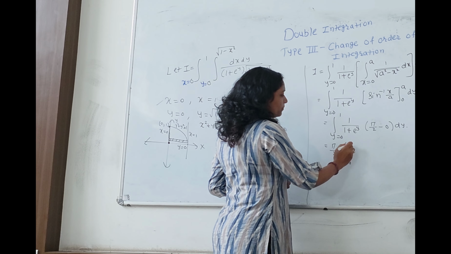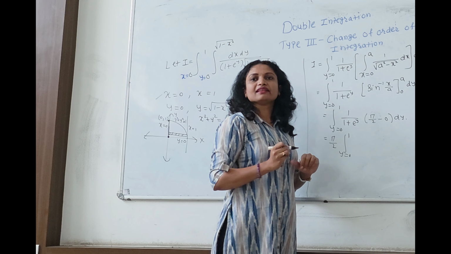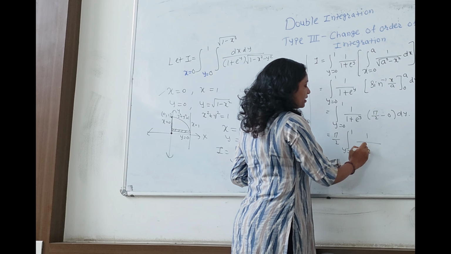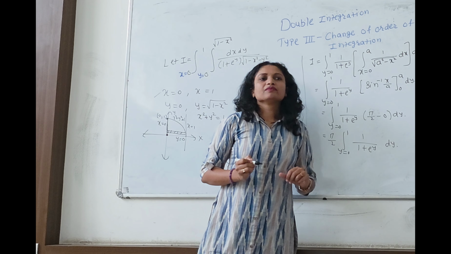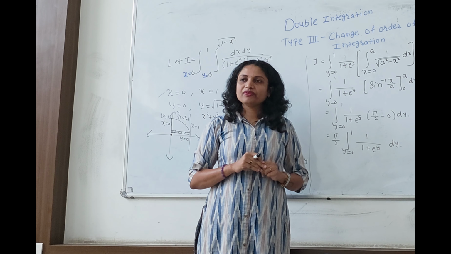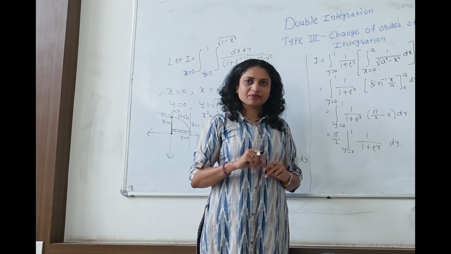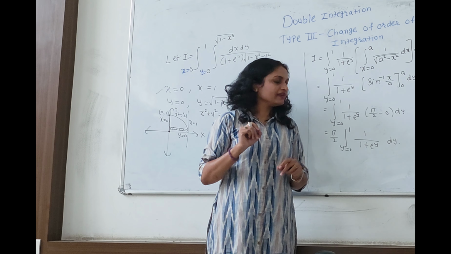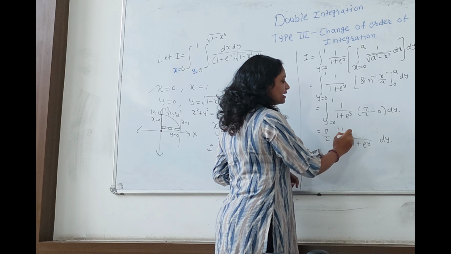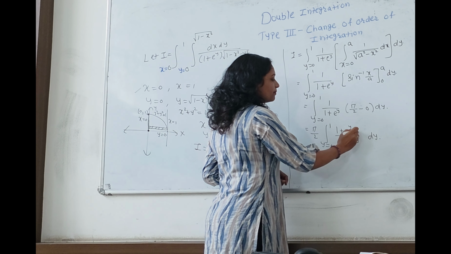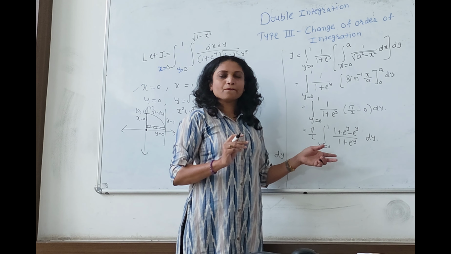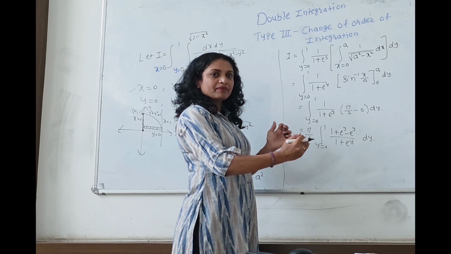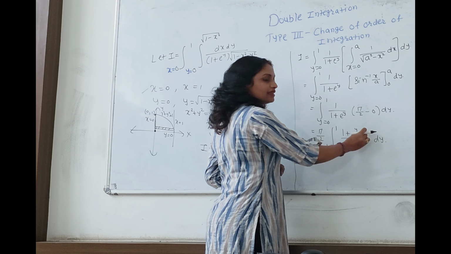Y equals to 0 to 1. How will you integrate this? 1 upon 1 plus e raised to y dy. So to integrate this, we need to adjust the term to make it easier. So I may write this as 1 plus e raised to y minus e raised to y. Will it affect the term? No. Okay. Now we separate the denominator for this term and this term.